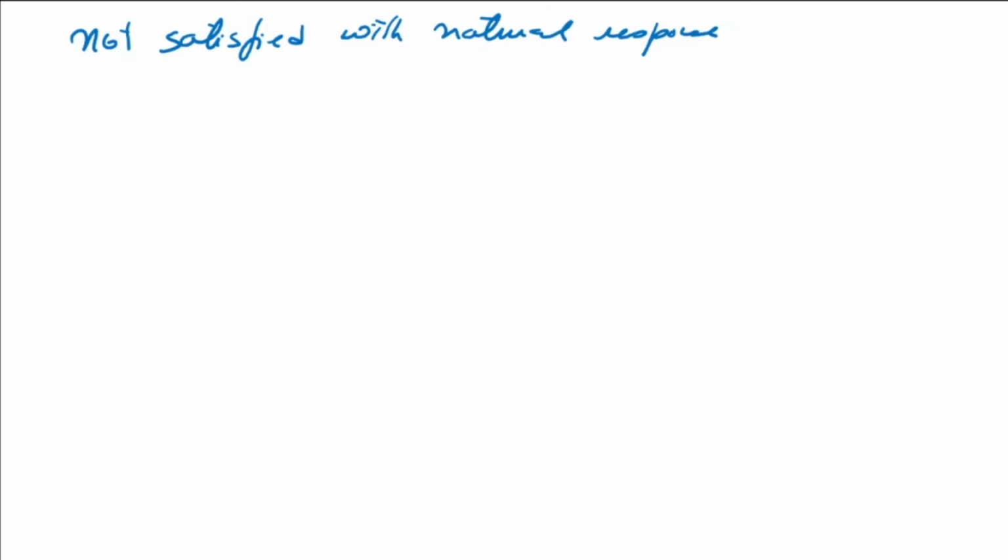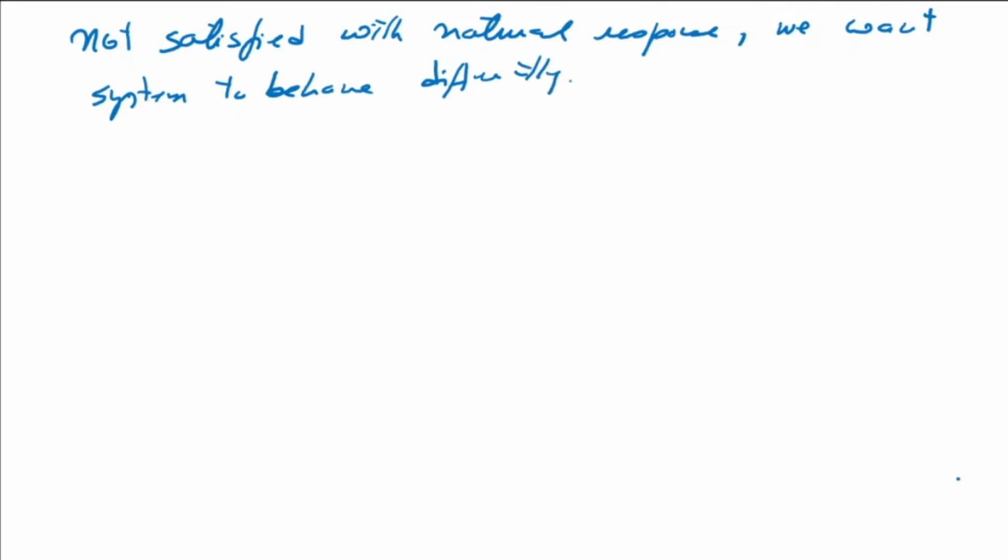We want the desired response. We are not satisfied with this natural response and we want the system to behave in some other way, differently.